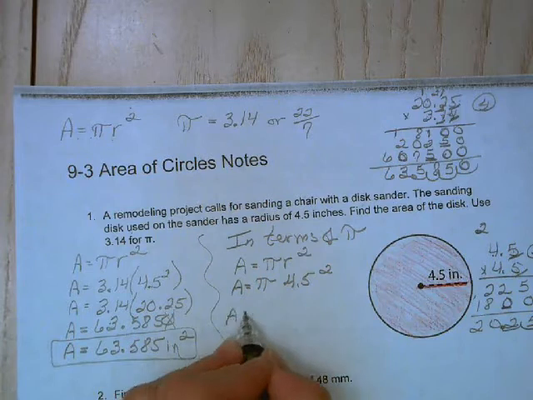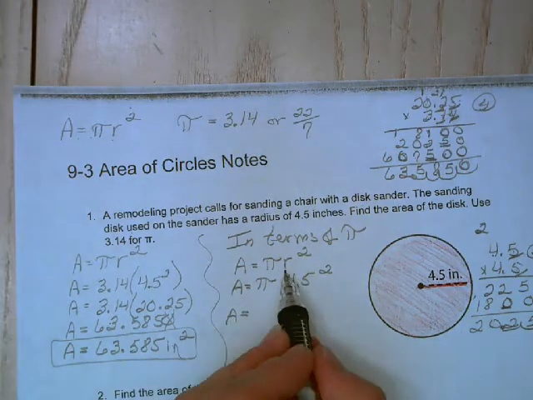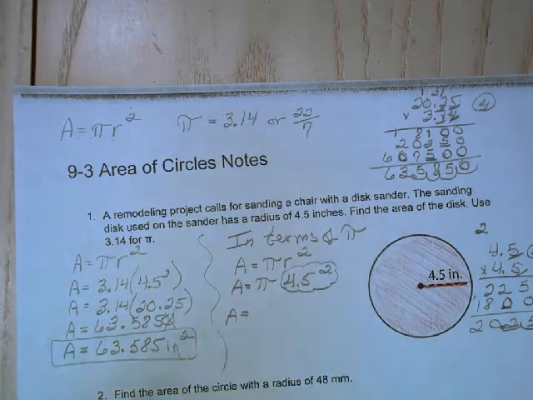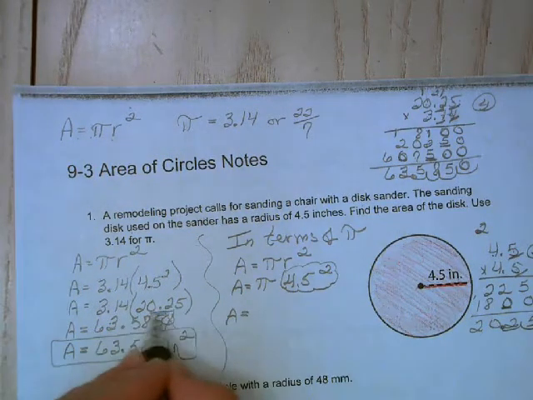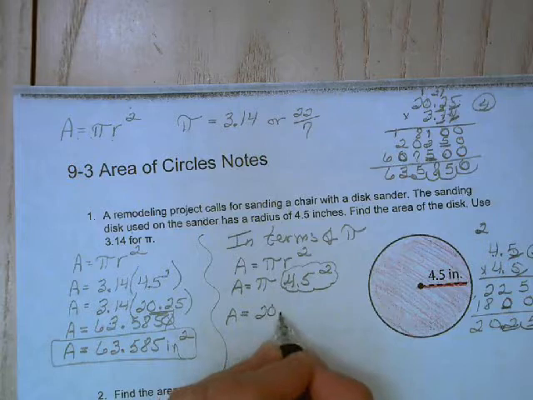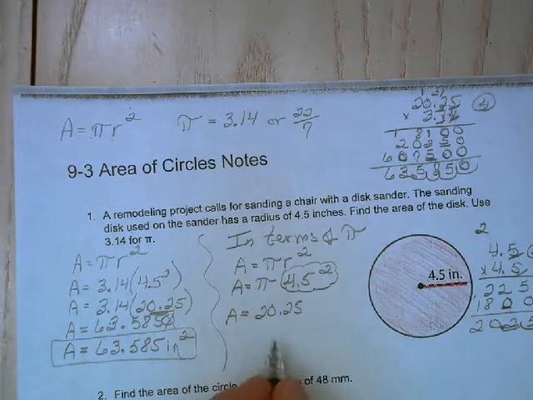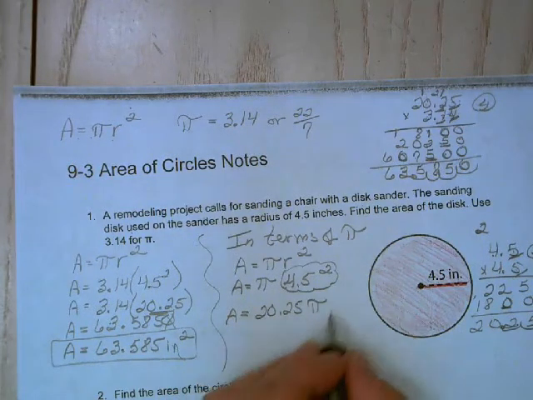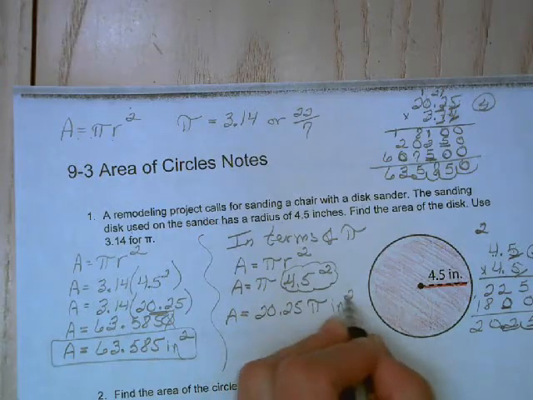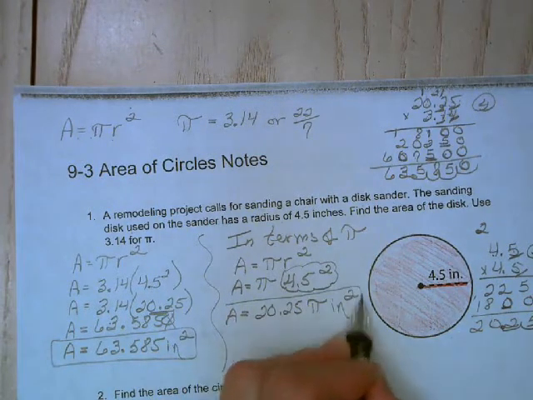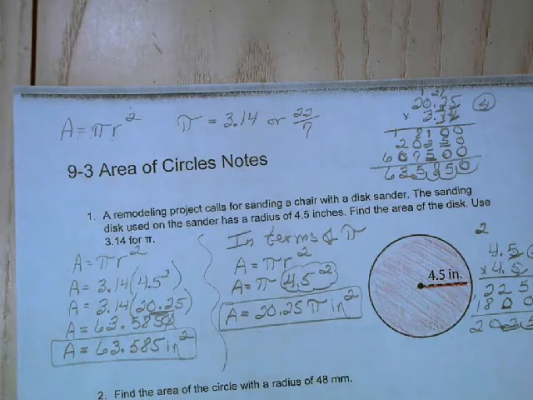This is where we get in terms of pi. I take care of 4 5/10 squared, and I already did that, and I get 20.25 pi inches squared.